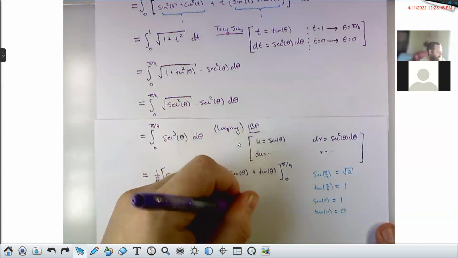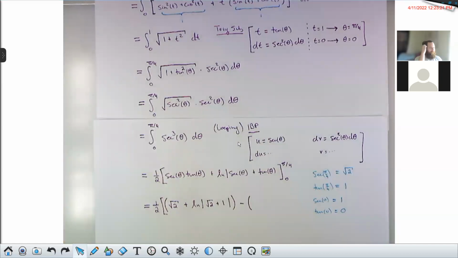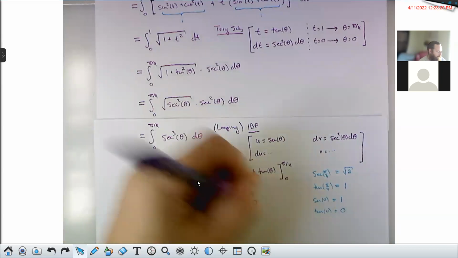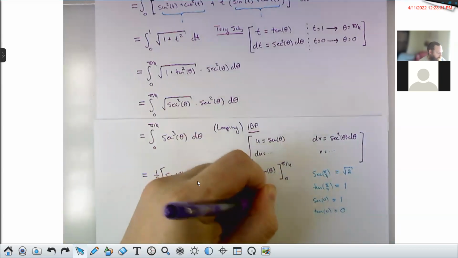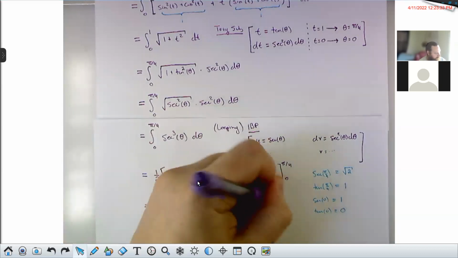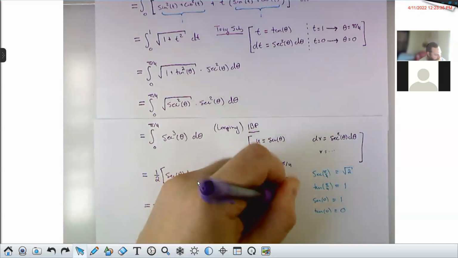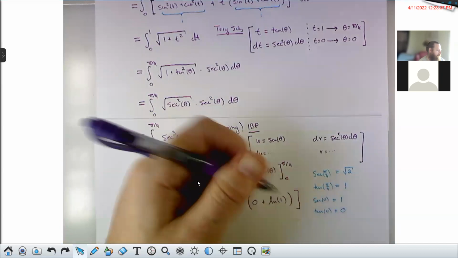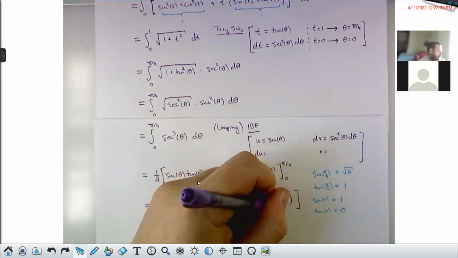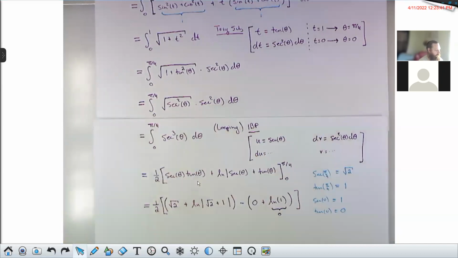Now, what about when I plug in my lower bound? Well, when I plug in 0, I get 1 times 0 here, which is 0, plus the natural log of 1 plus 0, which is the natural log of 1. And the natural log of 1 is itself 0.